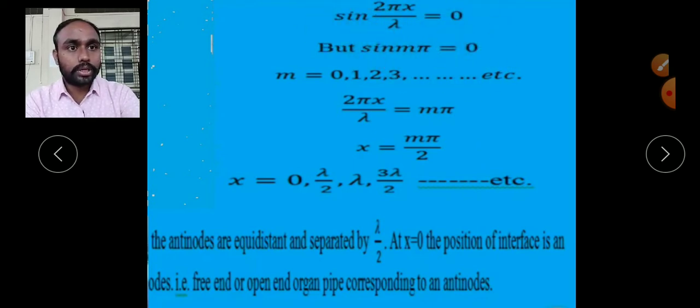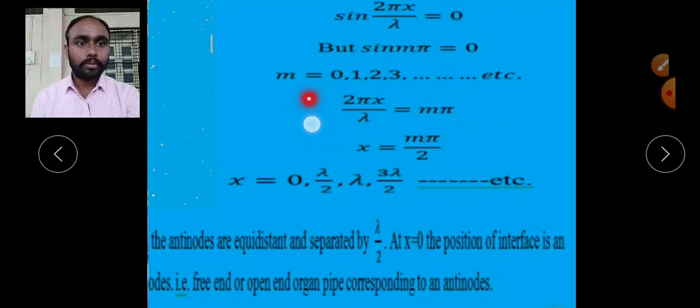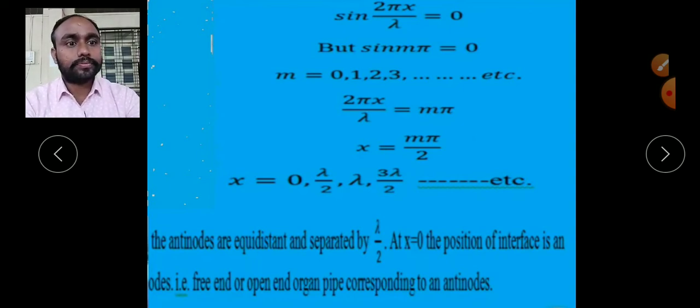That means we can equate them and directly say 2 pi x by lambda must be equal to m pi. If we equate them and take sin inverse on both sides, we get 2 pi x by lambda equal to m pi. From this just rearrange and find the x value. So x will be m pi by 2.